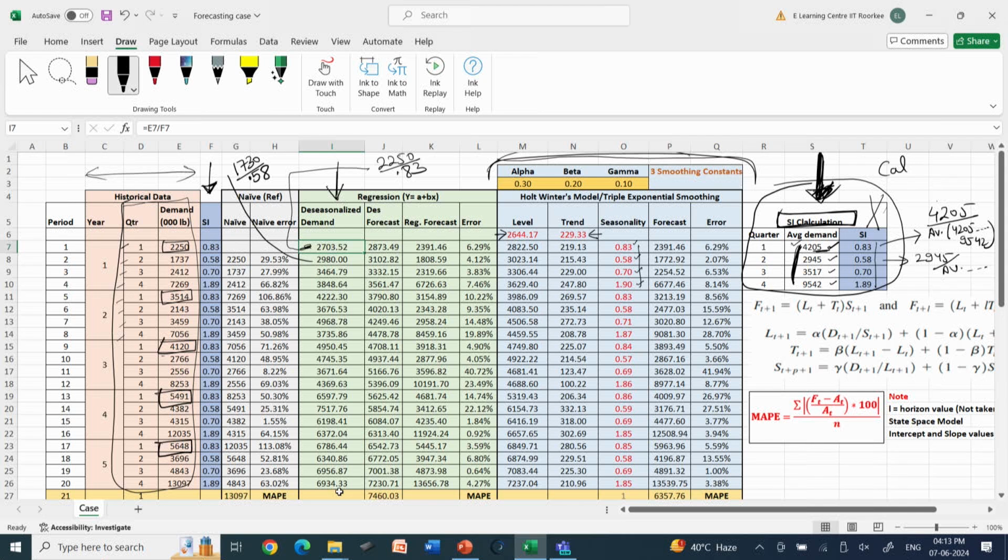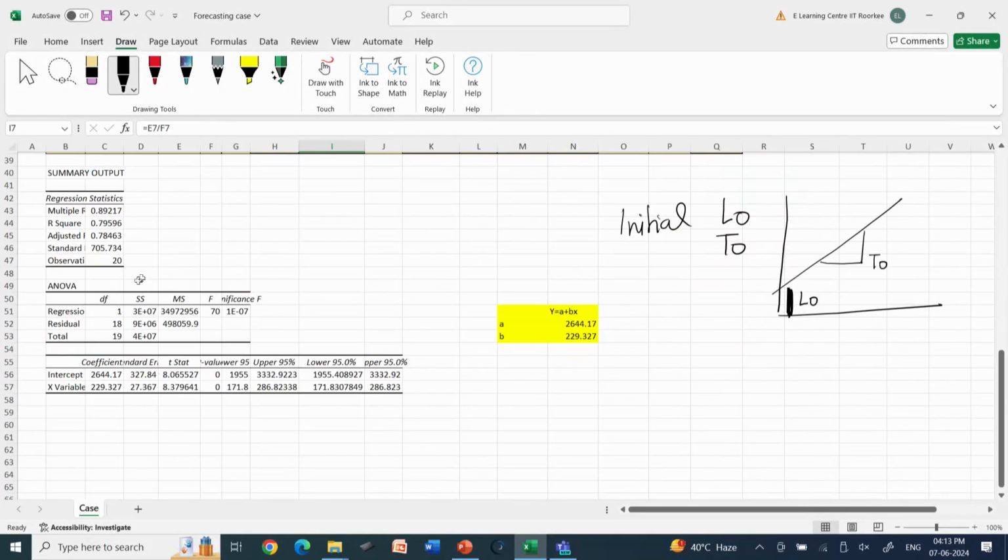Then, using this deseasonalized demand with periods, if I go to the regression equation, I get the coefficients of my regression equation, where the y intercept is 2644.